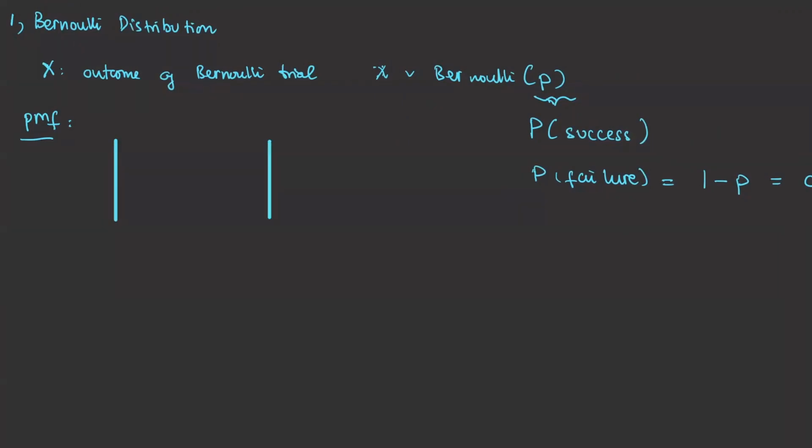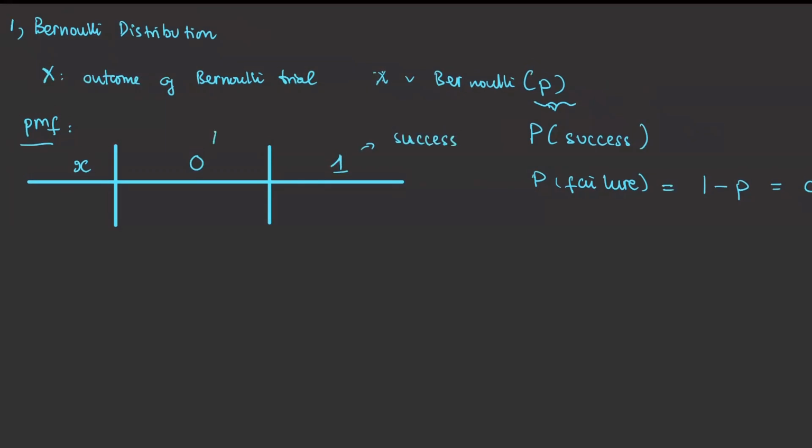As usual, we draw a table of 2 rows. The first row denotes the value that X can take. It can be 0 or 1. We think of 1 as success and 0 as failure.